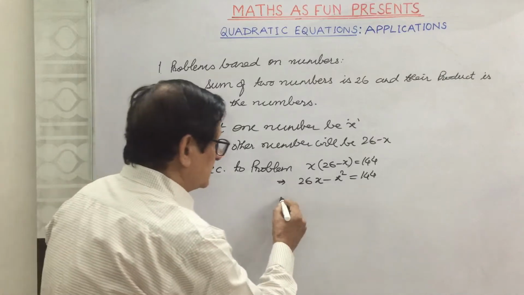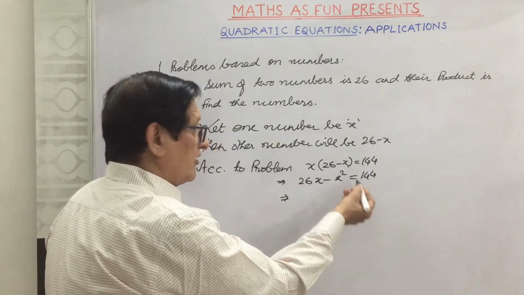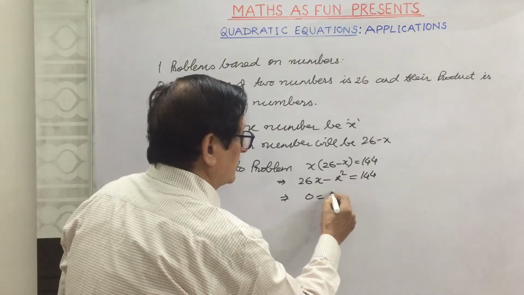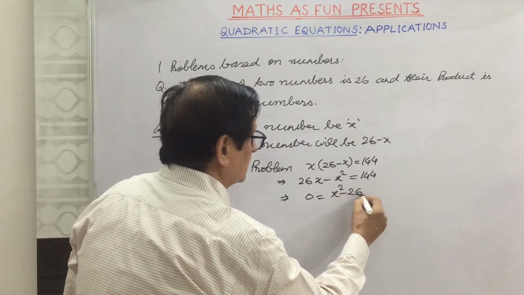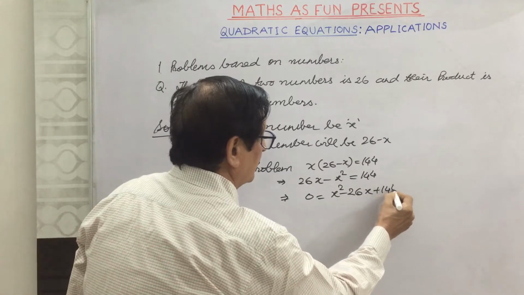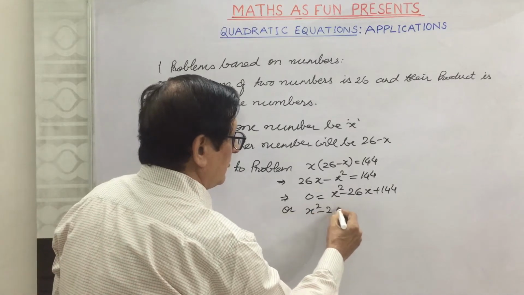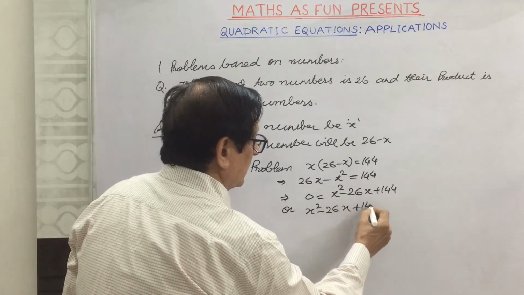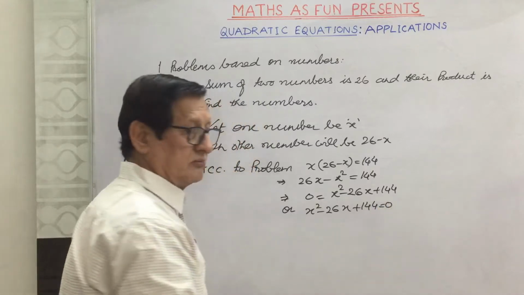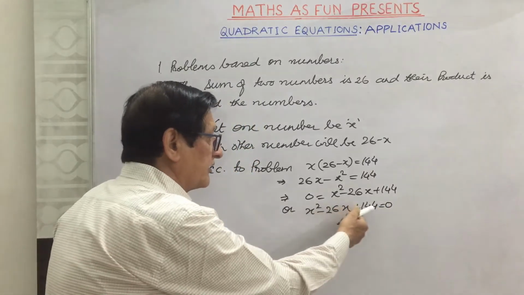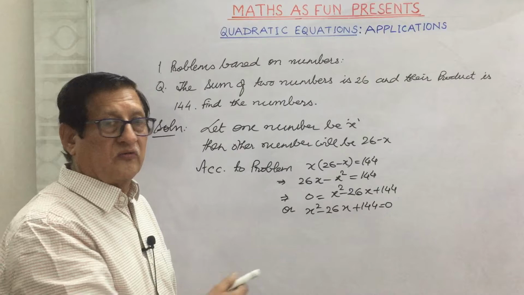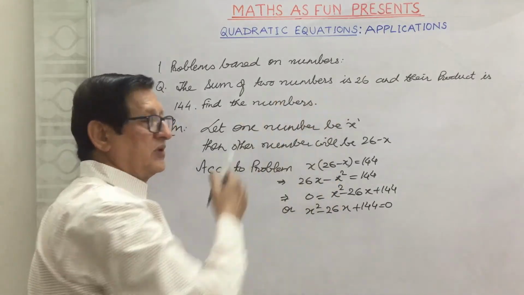If we transpose these terms to the other side, we get 0 equal to x square minus 26x plus 144. Or we can write x square minus 26x plus 144 equal to 0. This is the quadratic equation formed according to this problem.